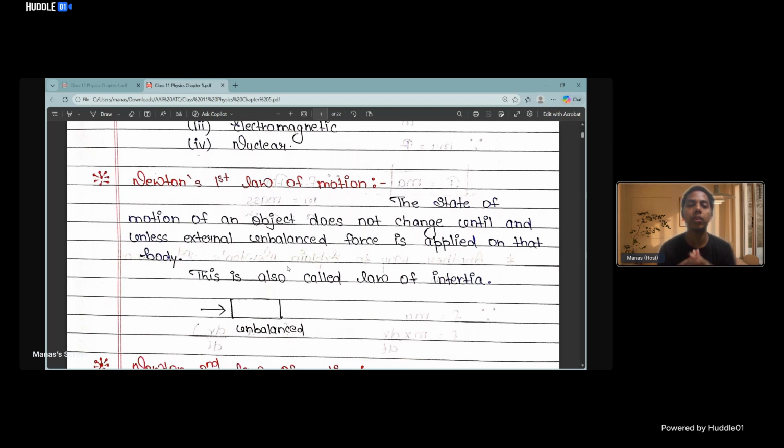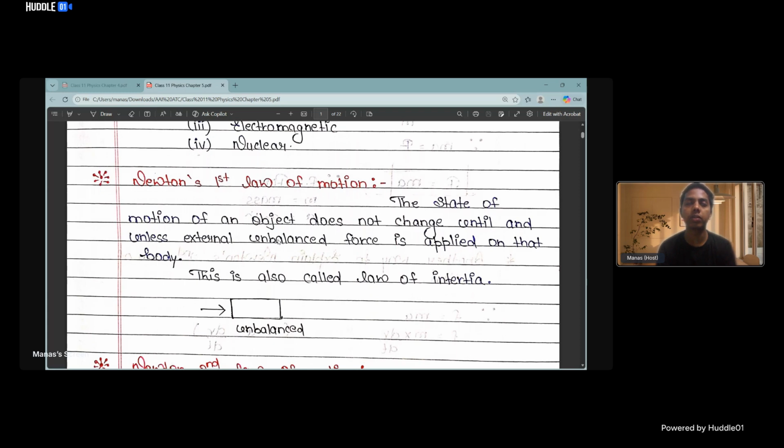So what does Newton's first law say? If no force is applied, a body in motion will always keep the same speed or velocity in the same direction. There will be no changes if the external force is zero.